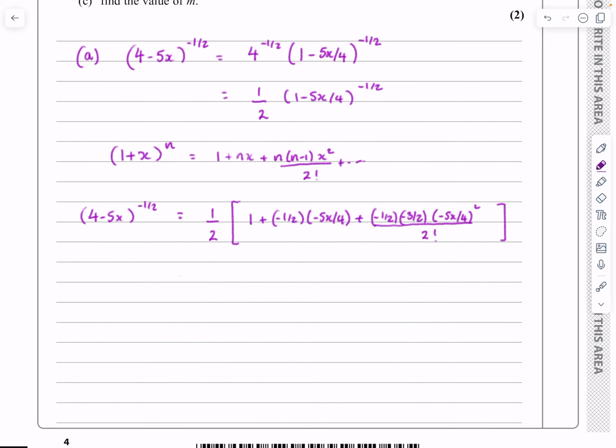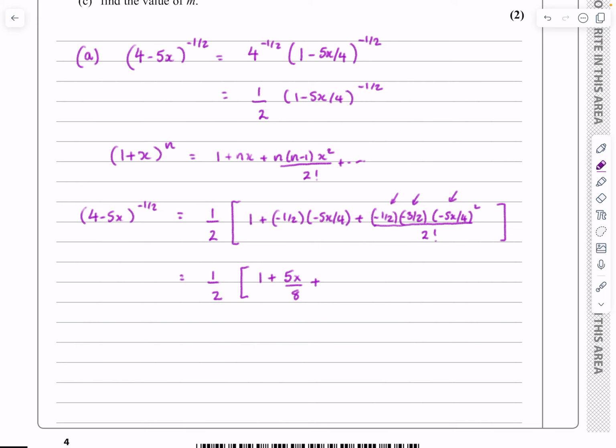Now I've got more than enough working out there, so I would expect you to calculate these whichever way you find the most efficient. Some people work out the sign by saying a negative times a negative is a positive, and here we've got negative, negative, and 2 negatives there, so 4 negatives will make a positive. Other people literally just stick into the calculator minus a half times minus 5 over 4, and then with the next one minus a half times minus 3 over 2.